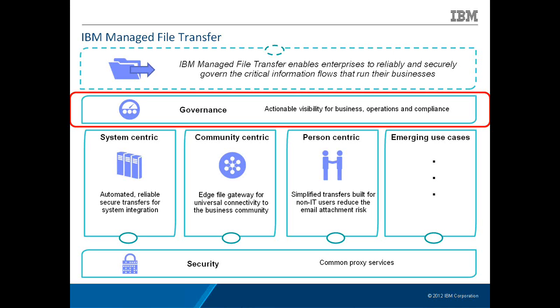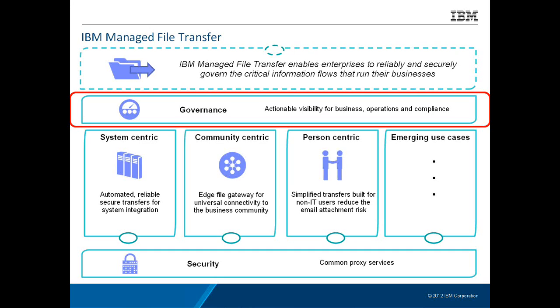So we just saw the various types of data movements: system-centric, community-centric, and person-centric. We'll just cover what are the additional capabilities that are offered in managed file transfer in terms of governance and security.